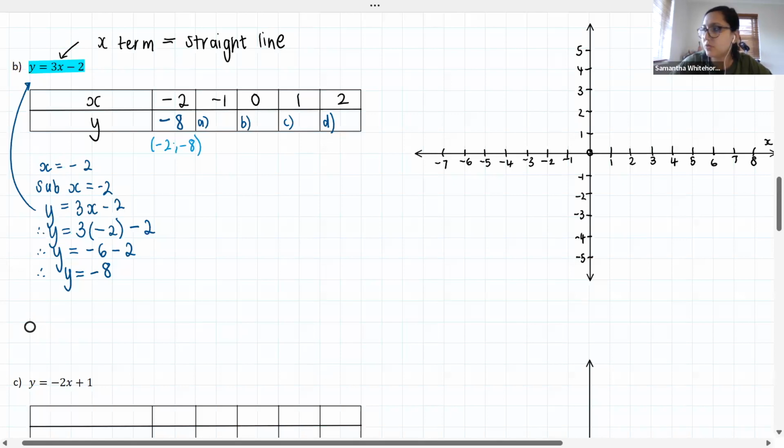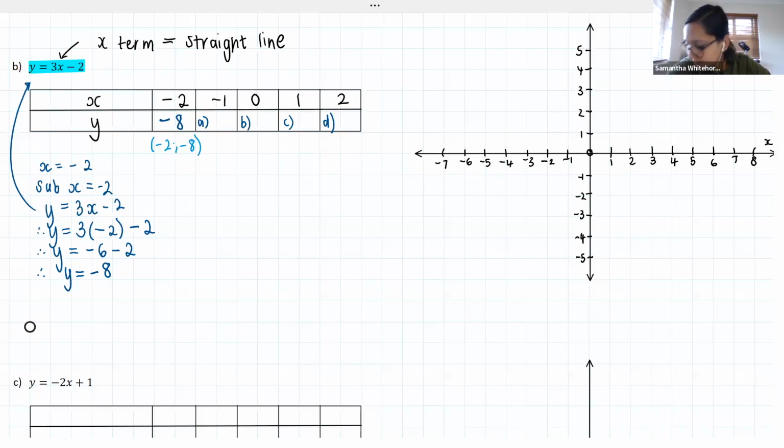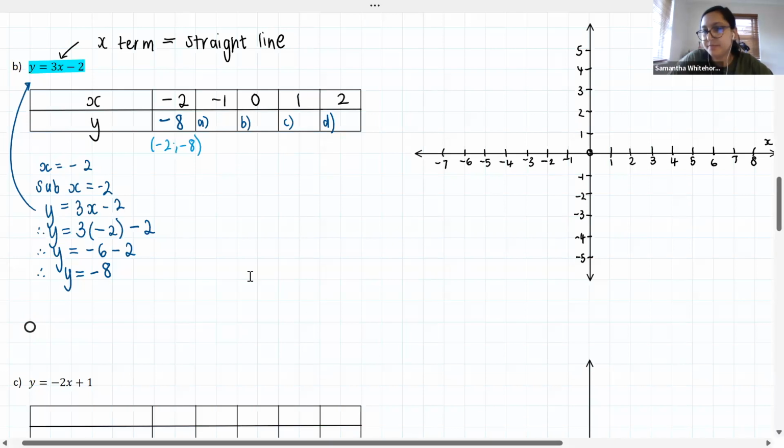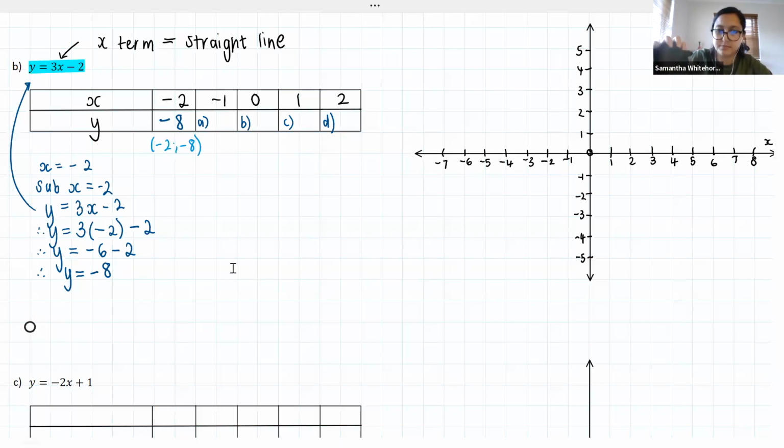Just remember to put your numbers or your answers there for me as well, please. So just remember you're substituting, replacing X with the numbers I've given you in the table, and finding your output.